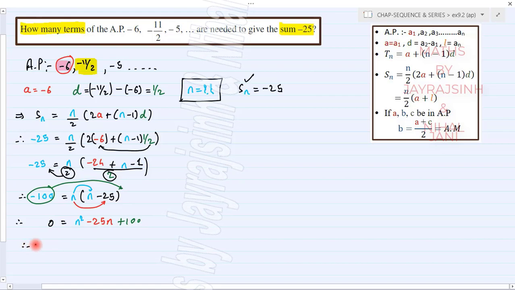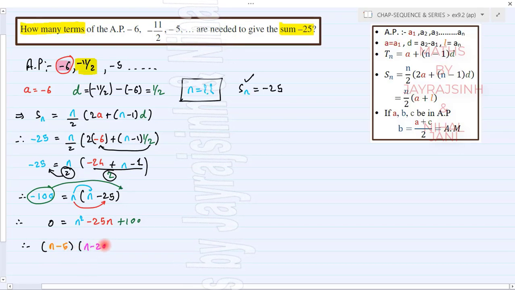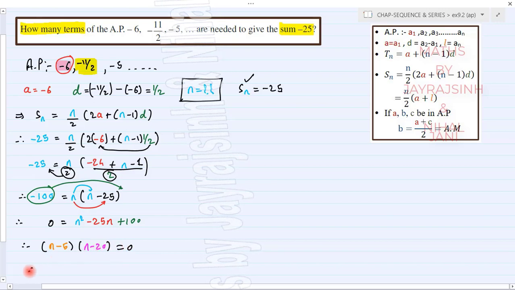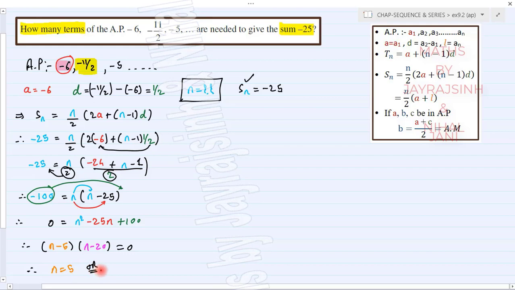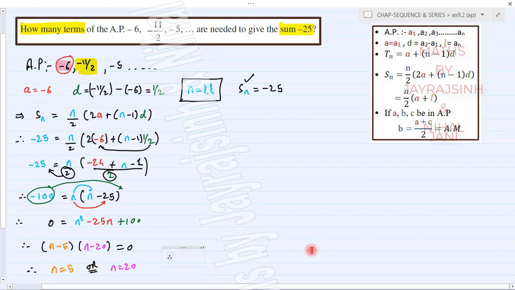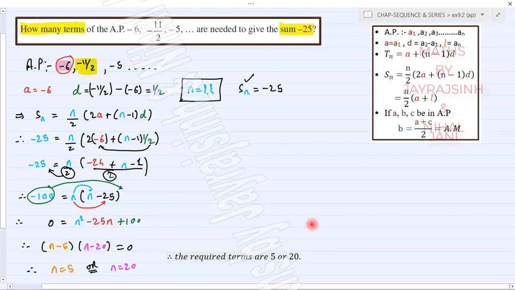So we get a quadratic equation which will be factorized into n minus 5 into n minus 20 is equal to 0, which will give us n equal to 5 or n is equal to 20. Therefore, the required terms is 5 or 20.